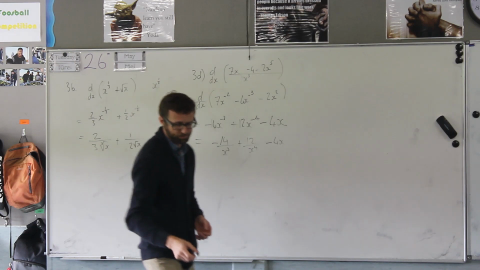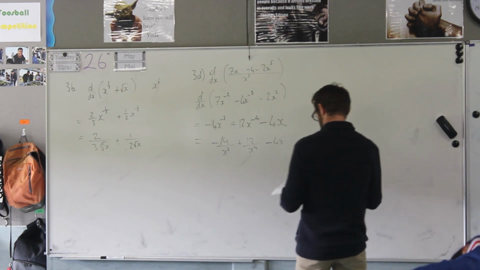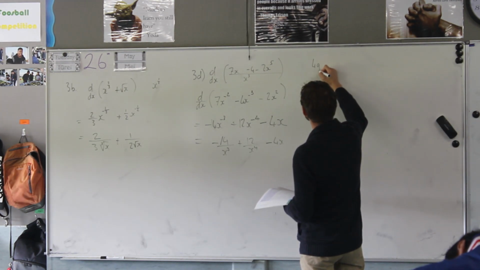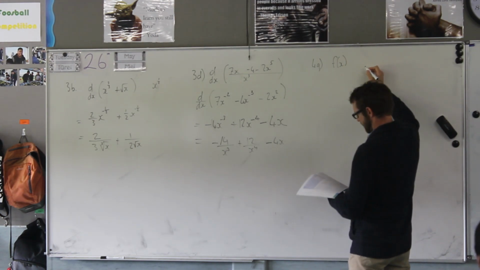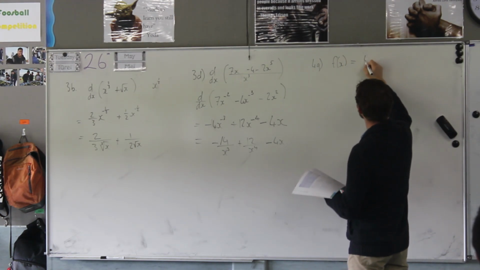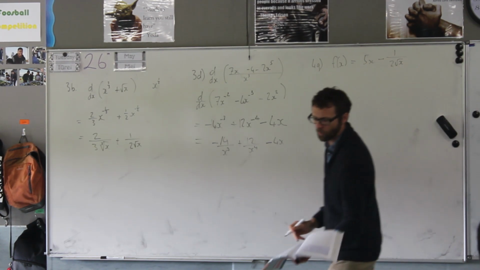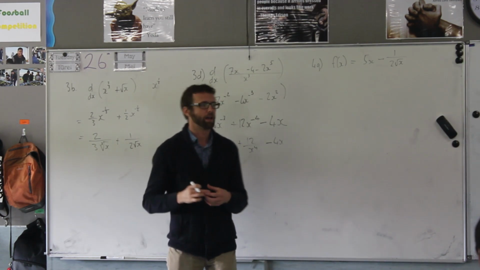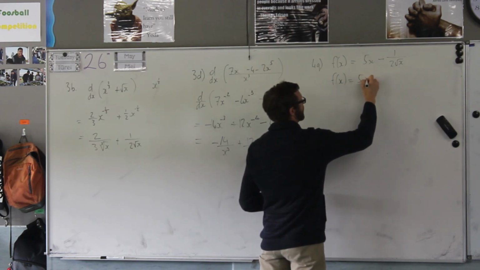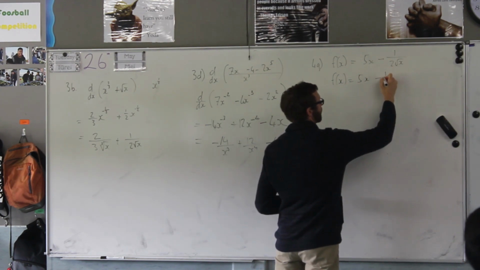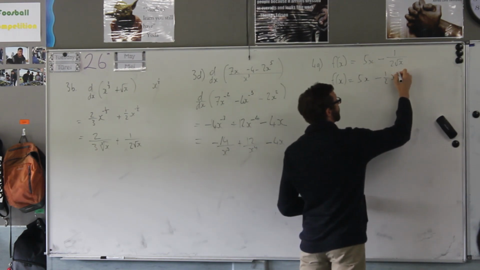We're going to try another one, this time 4g. And this time we are trying to find f prime x. So they're giving us f(x) is 5x minus 1 over 2 square root x. Step 1 is to rewrite this into a more manageable form. So I would go like this, and then change this to minus 1/2 x to the power of negative 1/2, yeah.